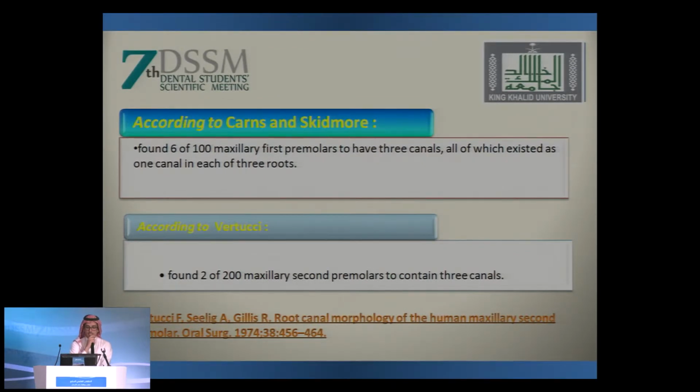According to Carns and Skidmore, 6 of 100 maxillary first premolars had 3 canals, all of which existed as 1 canal in each of the 3 roots. According to Vertucci, 2 of 200 maxillary second premolars contained 3 canals.